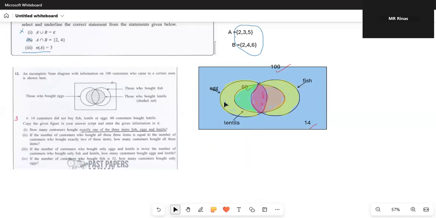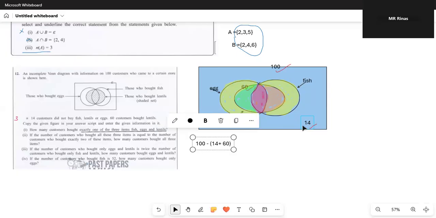Our question is only these 2 yellow areas. So, we know that in total we have 100 customers. From these, we have to subtract this outer part. There are 14 customers who didn't buy anything. Likewise, there are 60 customers who bought lentil and some other things, so they bought 2 items or more than 2 items.